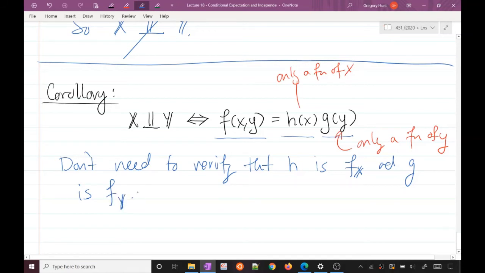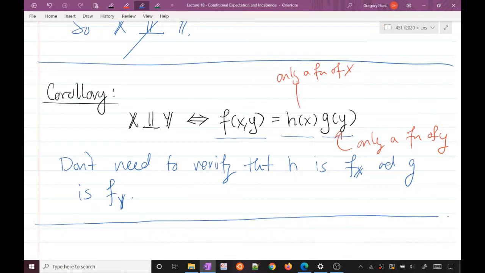It turns out that h will always be, up to some multiplicative constant, the marginal of x, and g will always be, up to some multiplicative constant, the marginal of y. But oftentimes finding that multiplicative constant could be really hard. So we can look at an example. What this says is all I need to do is be able to separate it into some function of x multiplied by some function of y. And if I can do that, then x is independent of y.